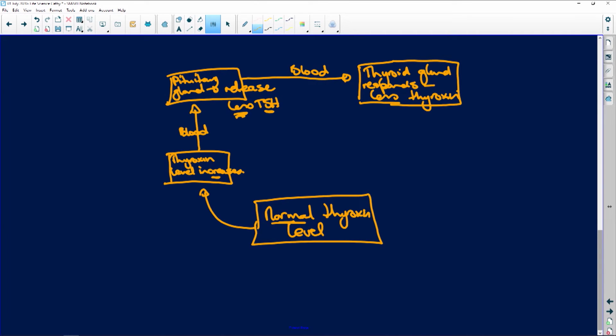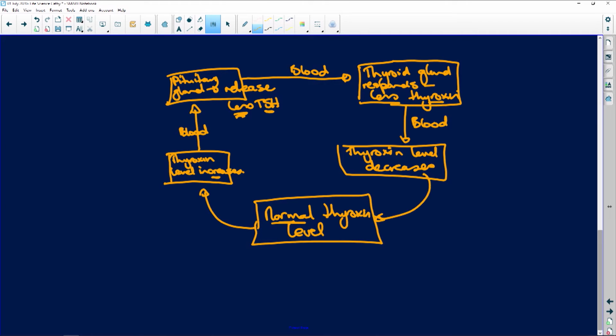Why? There's less thyroid stimulating hormone, so it's less stimulated. And what happens now? In the blood, now the less thyroxine is going to go in the blood, and thyroxine level decreases. And we end up back to normal.